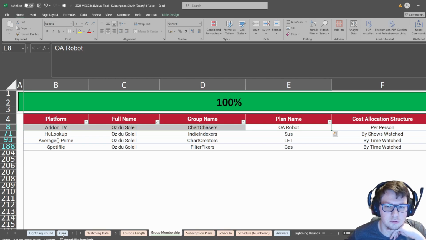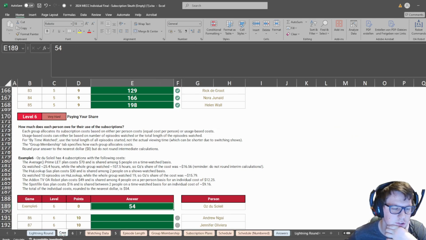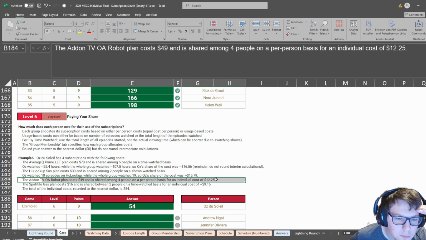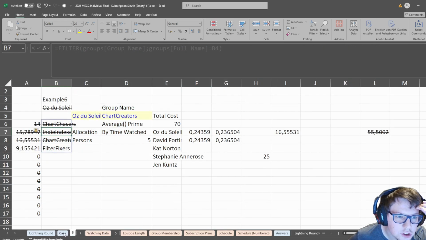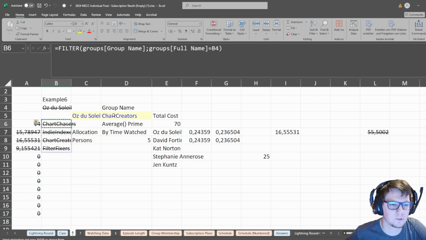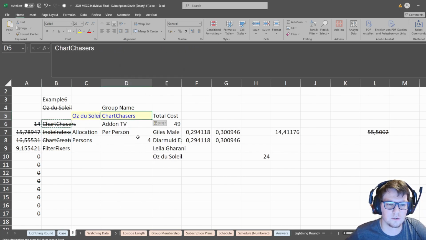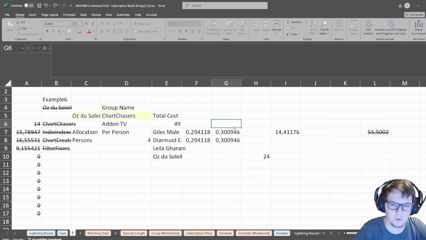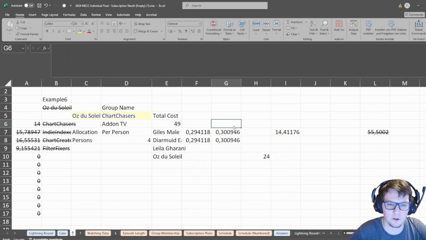Okay, we have the Array Robot plan on add-on TV. Costs 49 per people and is shared. Add-on TV, 4 persons. Yeah, this sounds about right.